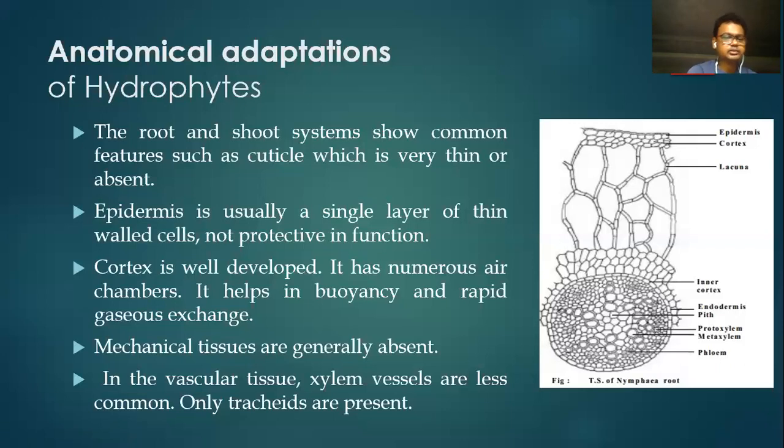That's why the vascular tissue is less developed, and the xylem vessels are less common. Only tracheids are sometimes present, and their conduction rate is very low because they already absorb water from the water body through their body surface.